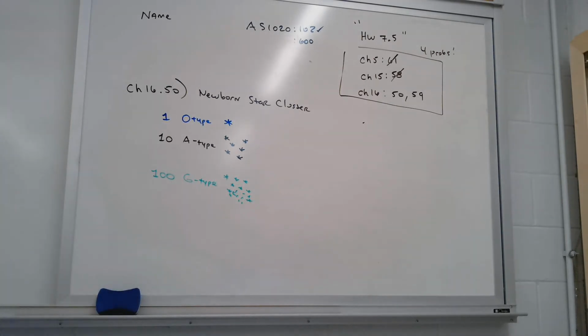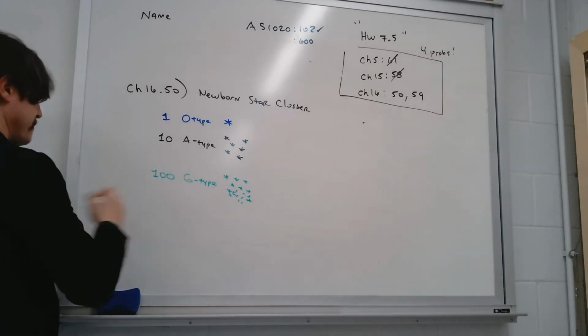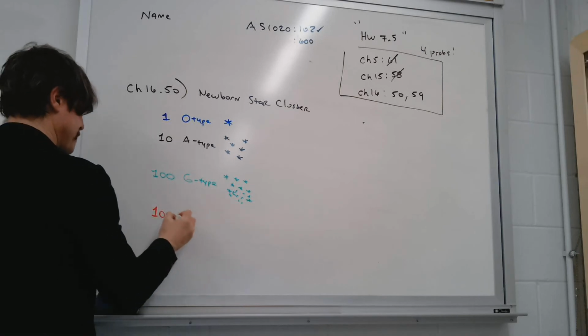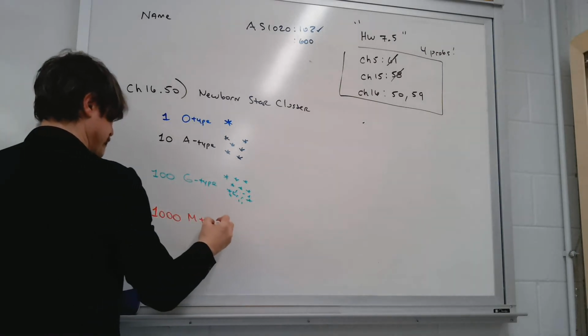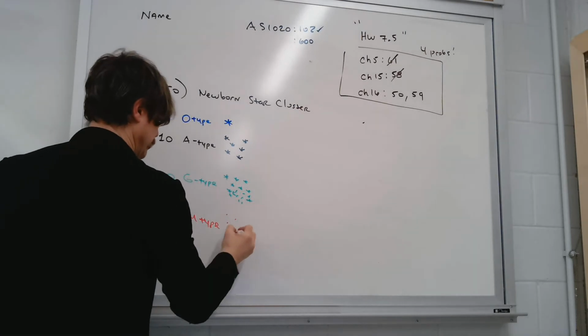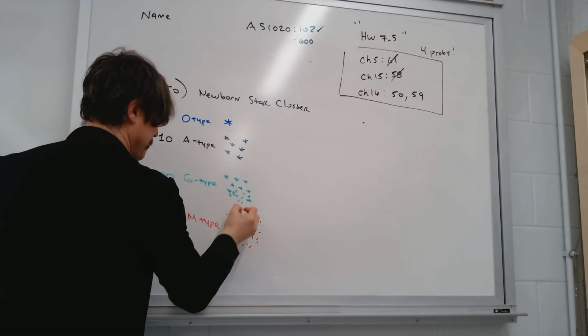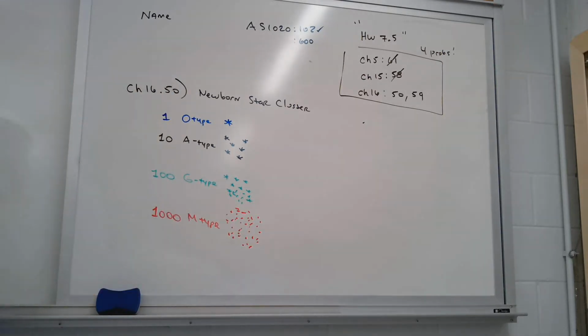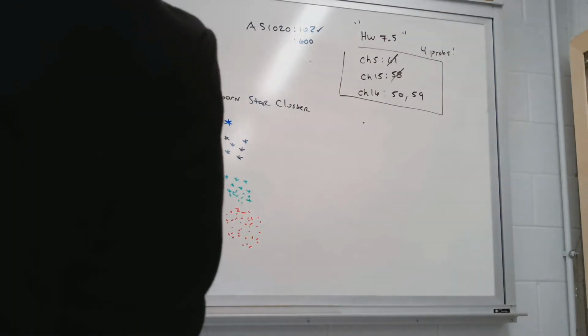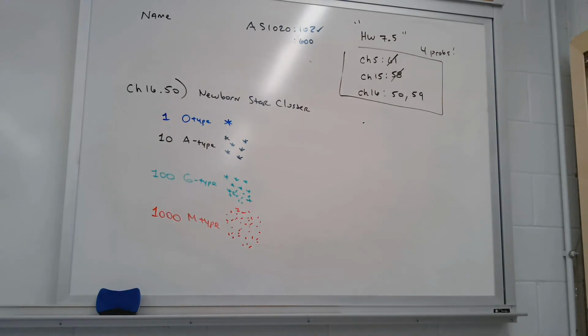And yeah, 100 Gs and 1,000 M stars. So this is what our star cluster looks like. Maybe it would be best to tabulate this in a sort of table form, okay?